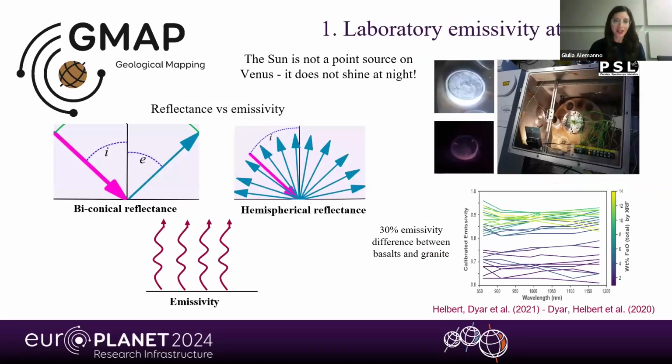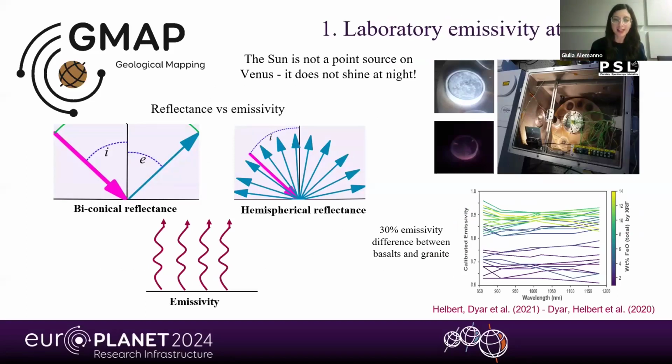Let's see what we need exactly in the laboratory to correctly interpret the Venus emissivity data. What we need is not reflectance, because when we observe the night side of Venus, we don't have the sun as a source of light. When we study reflectance, what we usually have is a source of light that is heating our planet or our material in the laboratory.